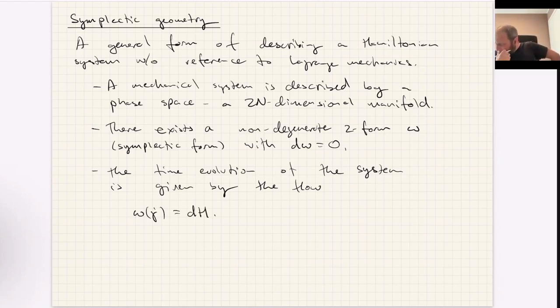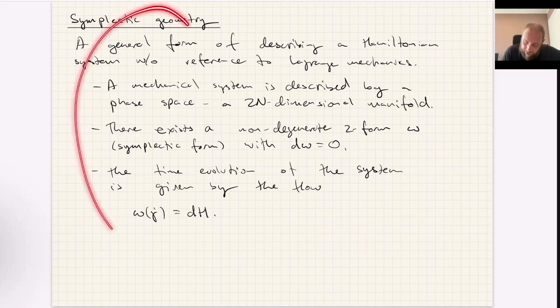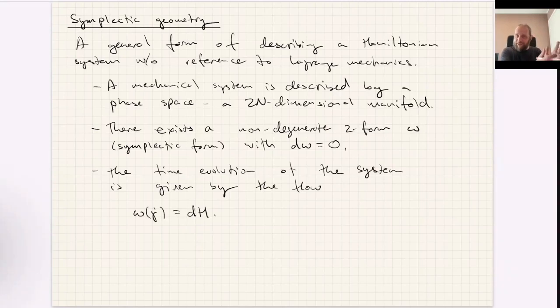I want to note here that in general for a system like this, there's no reference to a metric whatsoever. I mean, typically in configuration space there is a reference to a metric, but there is no need for a metric in a phase space itself.